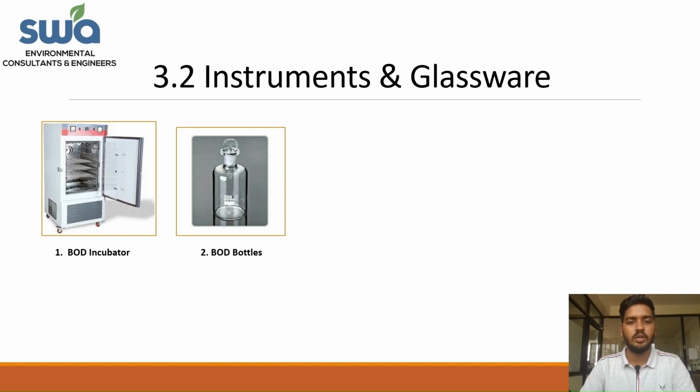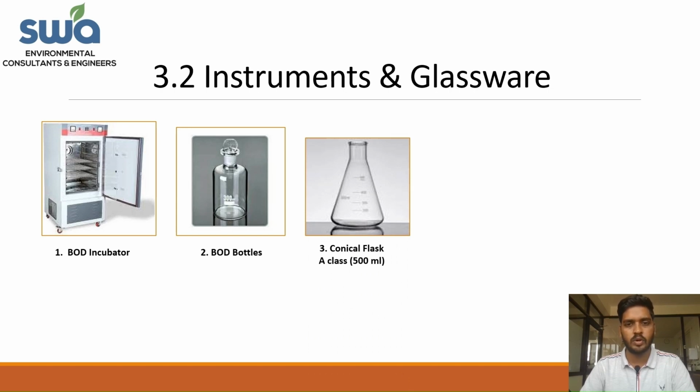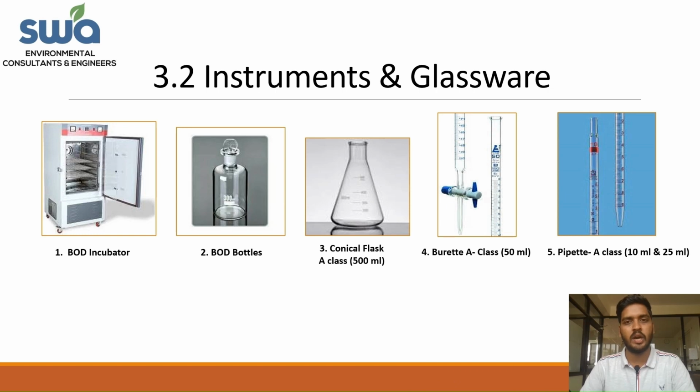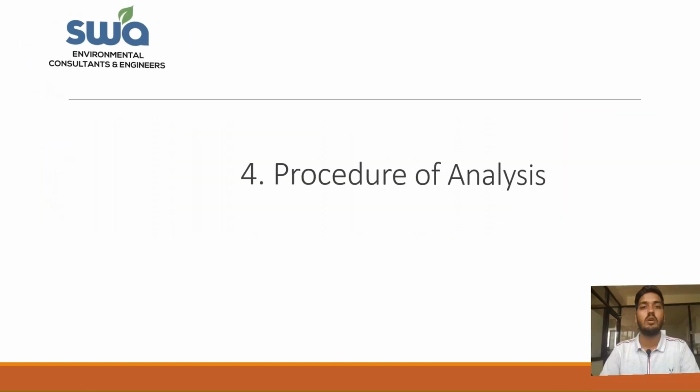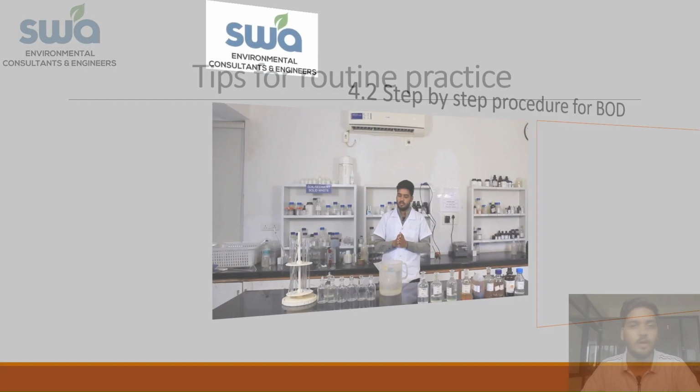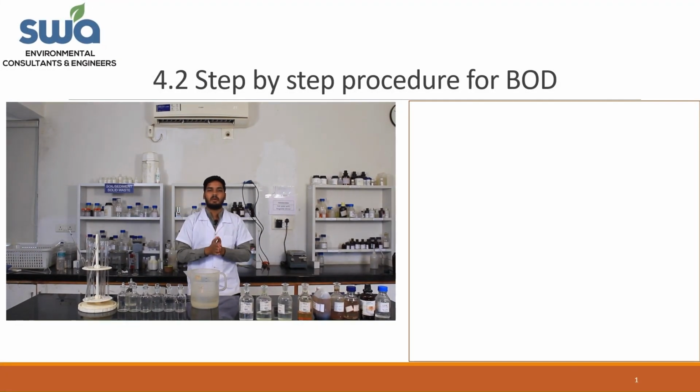In glassware we will require BOD bottles in which we will fill the sample, a conical flask for titration, a burette again for titration, and a pipette to add the sample and reagents. So this was the instruments and glassware we will require. Now let's start with the step-by-step procedure of measuring the biological oxygen demand in the given sample.